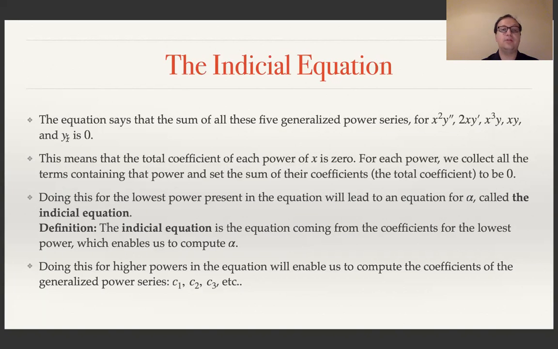But on the right-hand side, we have 0. So this means that the coefficient of every power on the left-hand side is 0. In order to compute the coefficient of each power on the left-hand side, we collect all the terms containing that power and set the sum of their coefficients, that is the total coefficient for that power, to be 0.